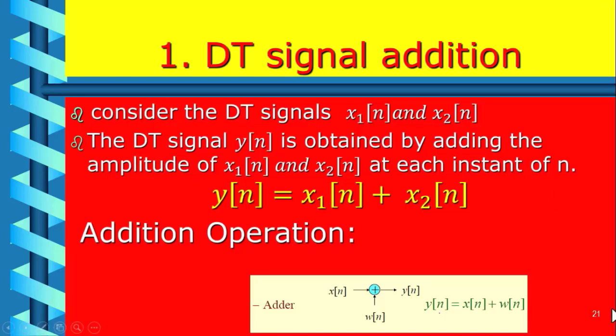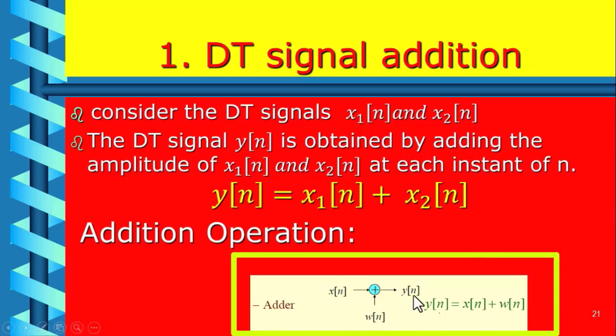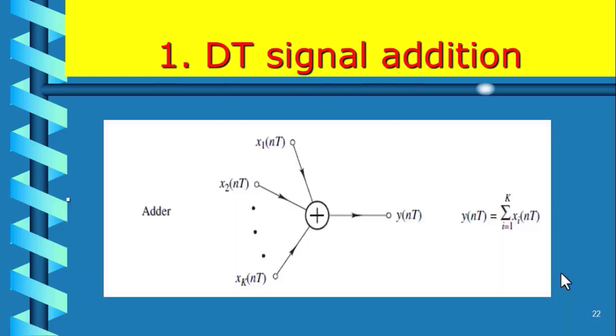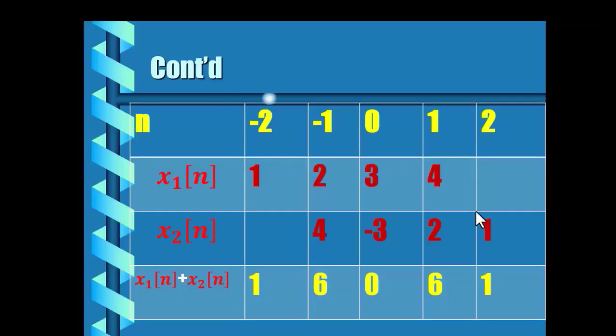Now here the symbol for the adder is this one. x of n and w of n will be added to give y of n, which is equal to the sum of x of n and w of n. Now if you have more than two input sequences, then you can have x1 of n, x2 of n, up to xk of n, and the response is y of n, which is equal to the summation, i from 1 up to k, of xi of n.